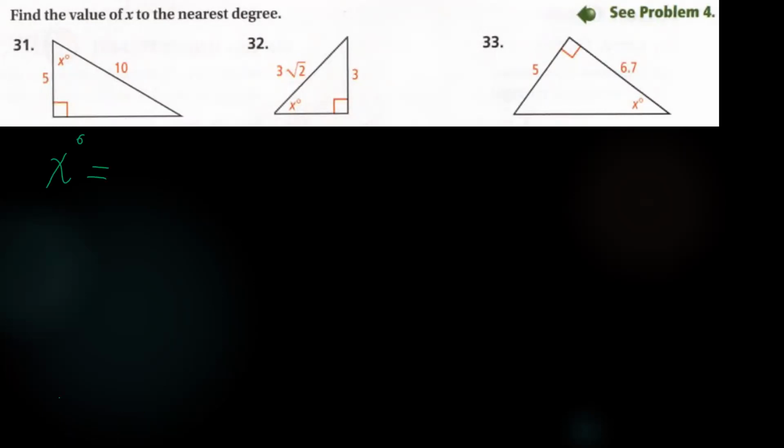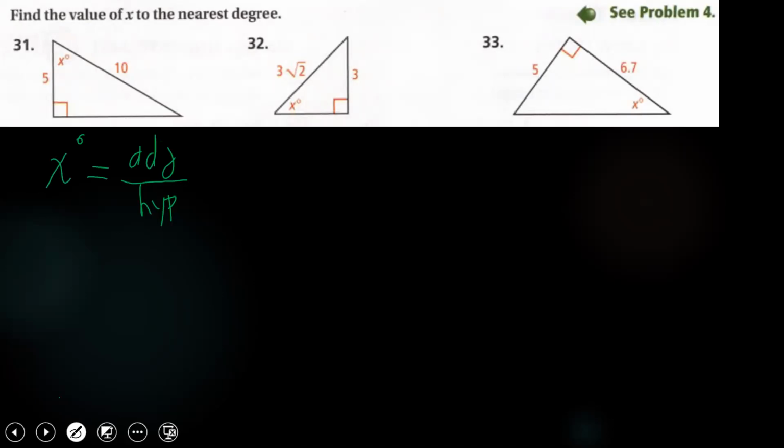Which sides do I have that are related to the angle x? 10 is the hypotenuse. I have the hypotenuse, 10, and what is 5? 5 is the adjacent. So I have both the adjacent and the hypotenuse.